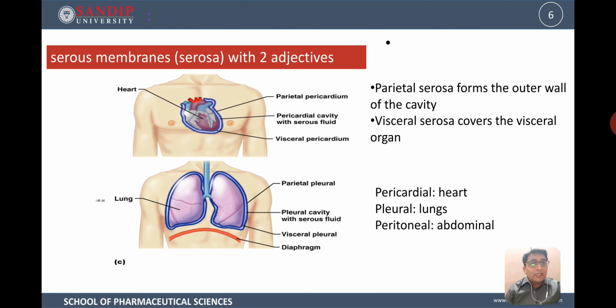Just beneath the visceral pleural, the red coloration indicates the diaphragm in the figure. You can observe the presence of the lungs. In the body there are lobes of the lungs and lobes of the liver, and particularly a right lung and a left lung. Hope I am clear. Now we can move on to slide number 8.